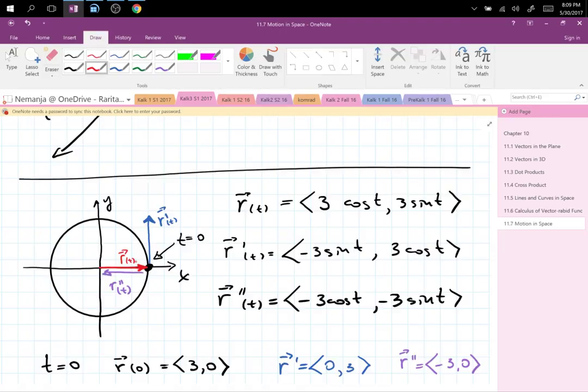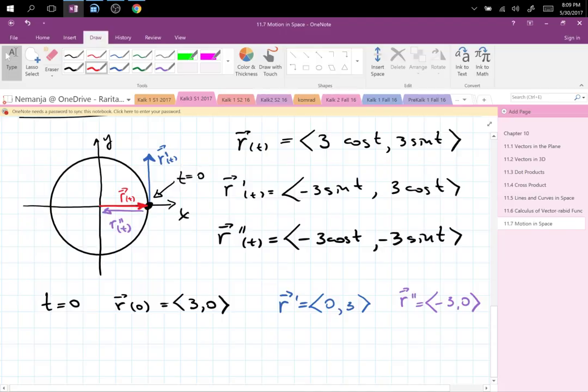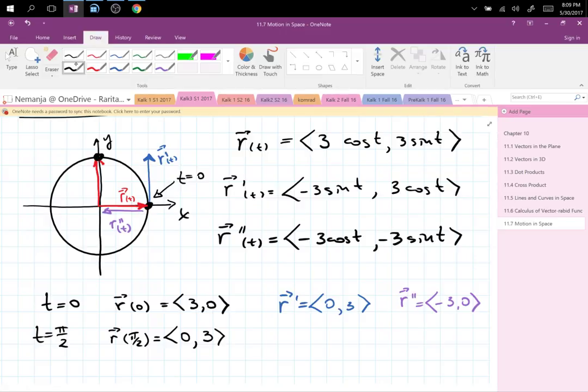And if you are to compute one more set of this data, let's say at t equals pi over 2, because we can, r at pi over 2 will be 0 and 3, which is vertical up, giving us the position at 90 degrees, right at 12 o'clock if you want.